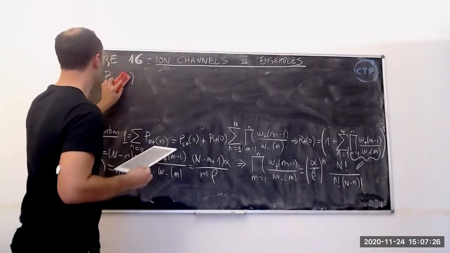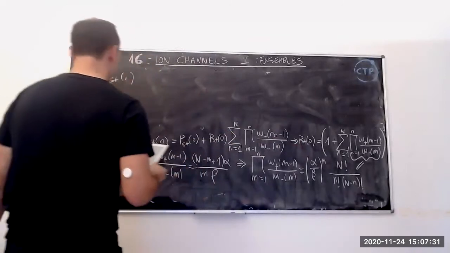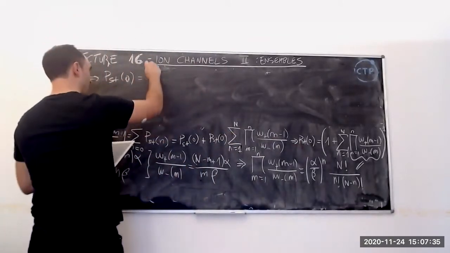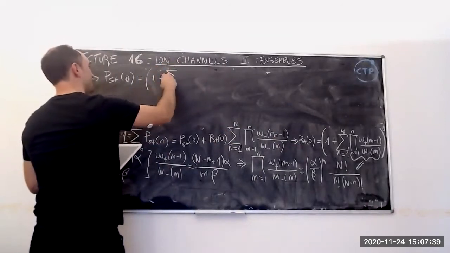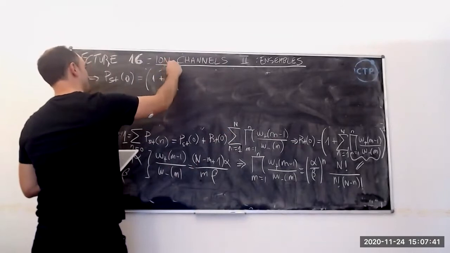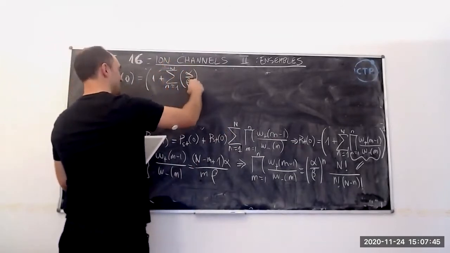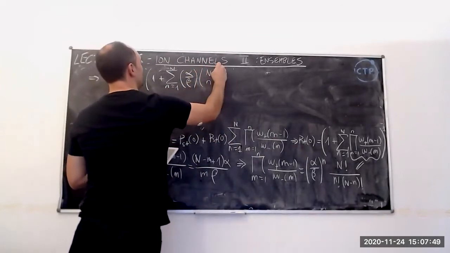Sorry, I was with P stationary of 0. So P stationary of 0 is 1 plus the sum n equals 1 to big N of (alpha divided by beta times N choose n) to the minus 1.